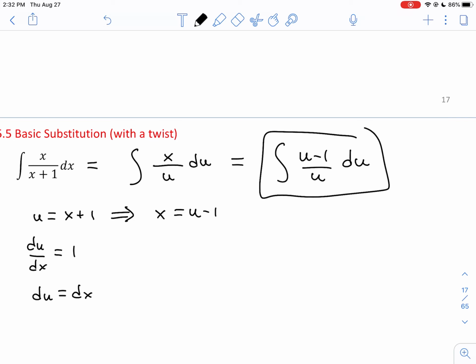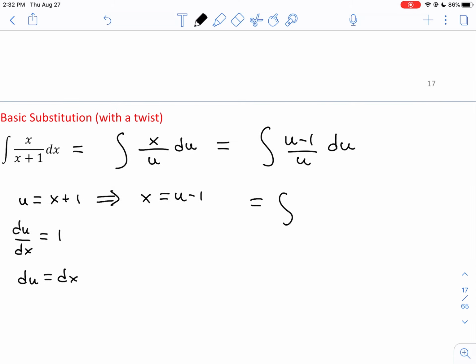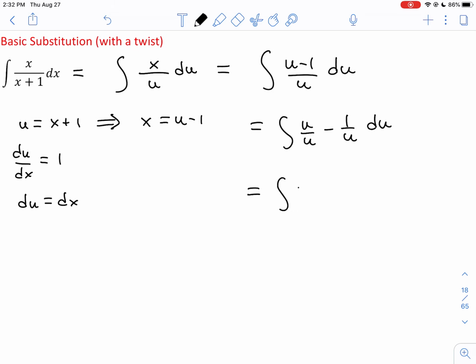Well, what sets this apart from the original? I mean, at first glance, they look sort of similarly complicated, but in the latter case, in this case right here, in the u case, the denominator is a single term, so I could split that u up. So we have u over u, which is 1, minus 1 over u, and then du. We're doing the integral of 1 minus 1 over u.